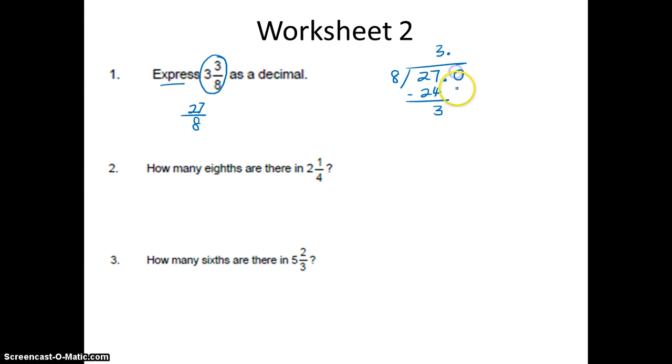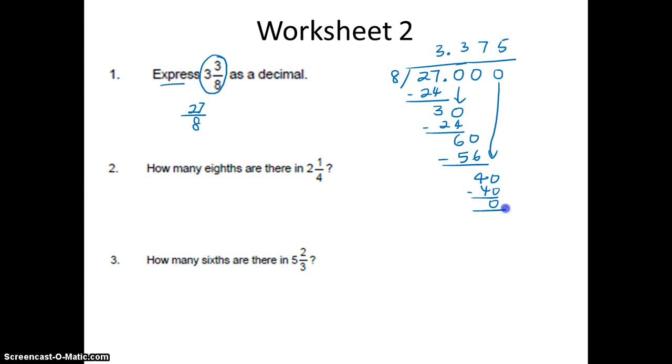Put my decimal point. 30. 3 times 8 is 24. 7 times 8 is 56. Bring down this 0. So 5 times 8 is 40. So my answer is 3.375.